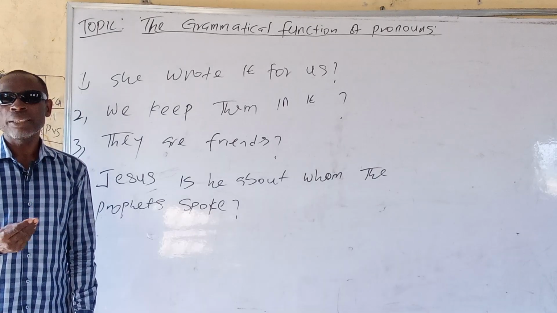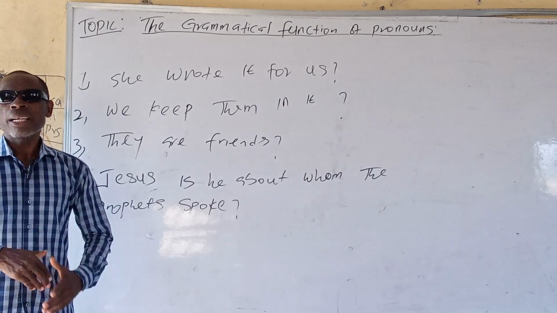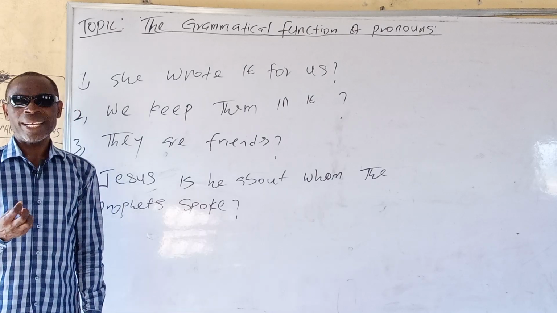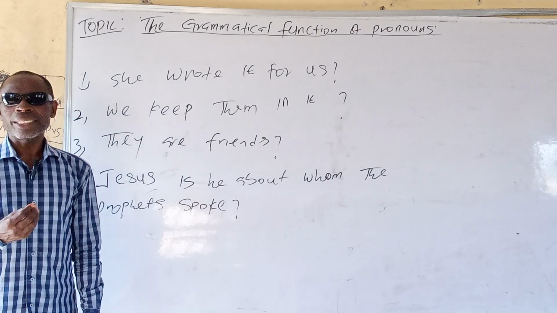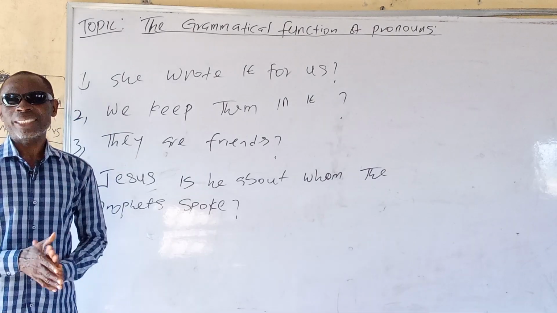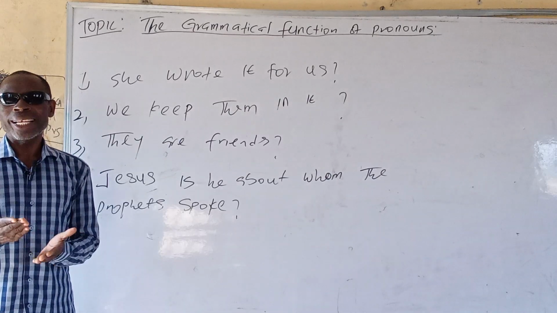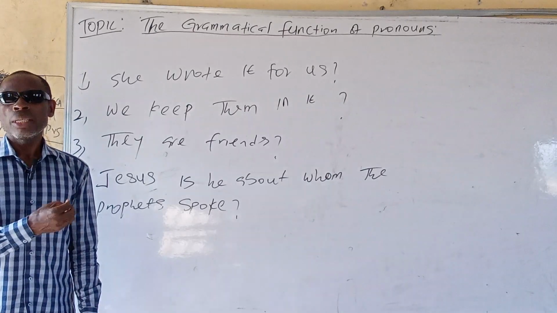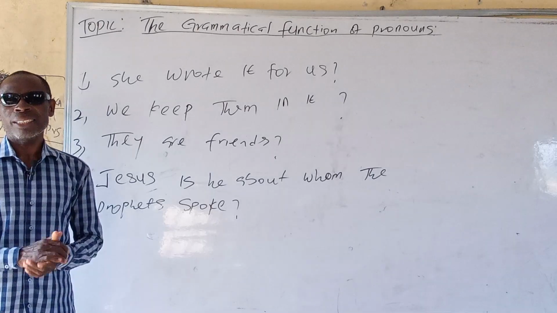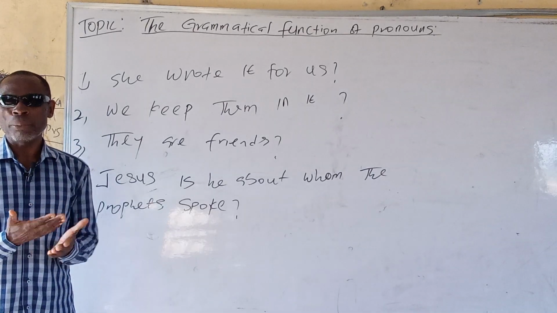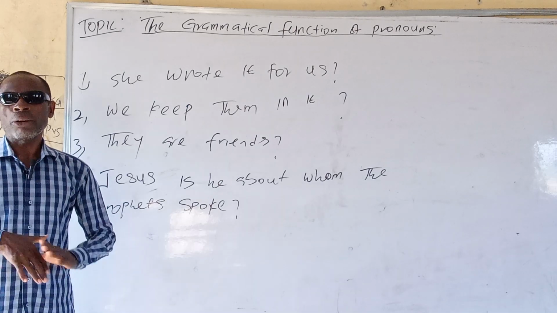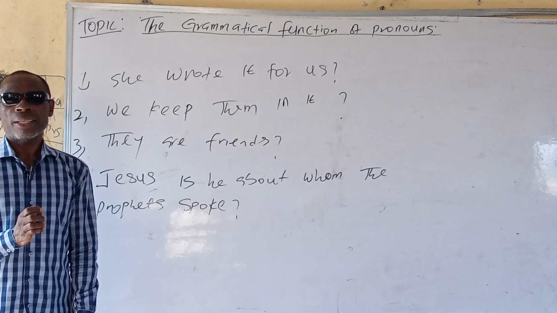So our answer will be personal pronoun. Again, if we were asked, what is its grammatical function in this sentence? The examiner simply wants us to tell him or her what we is doing in this sentence. Is it receiving or performing the action of the sentence? Our answer will be subject of the verb keep.